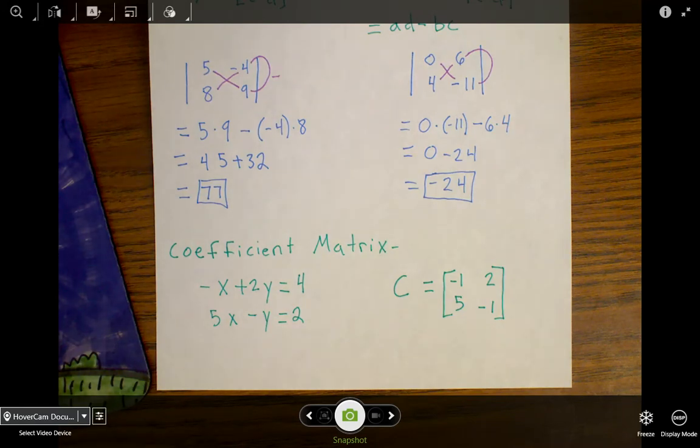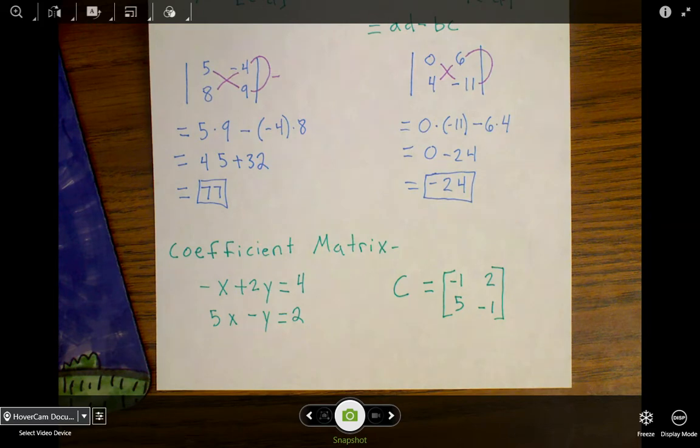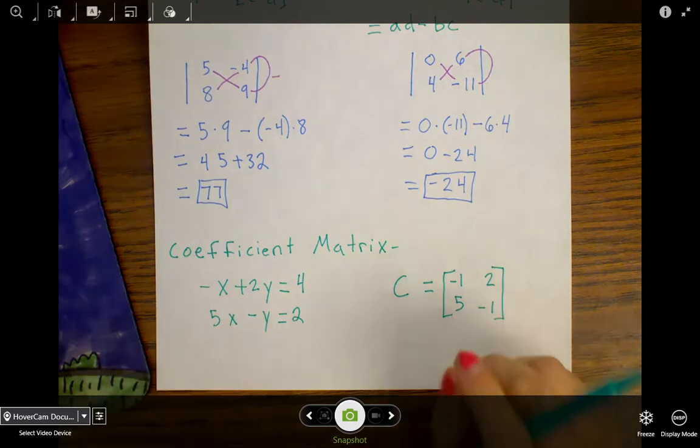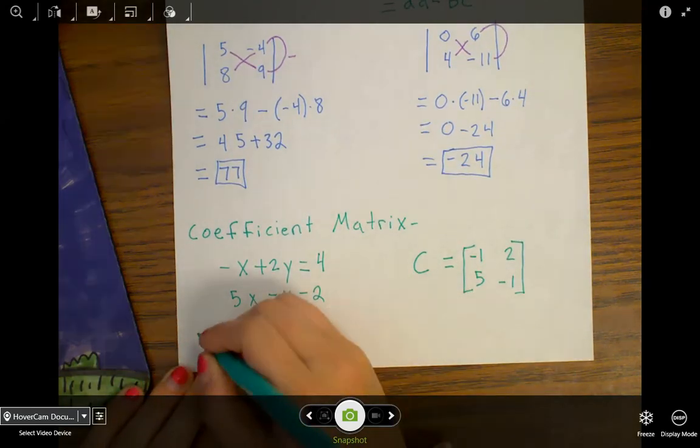And the reason that that's important is because looking at the determinant of a coefficient matrix, it can actually tell us how many solutions we're going to have.